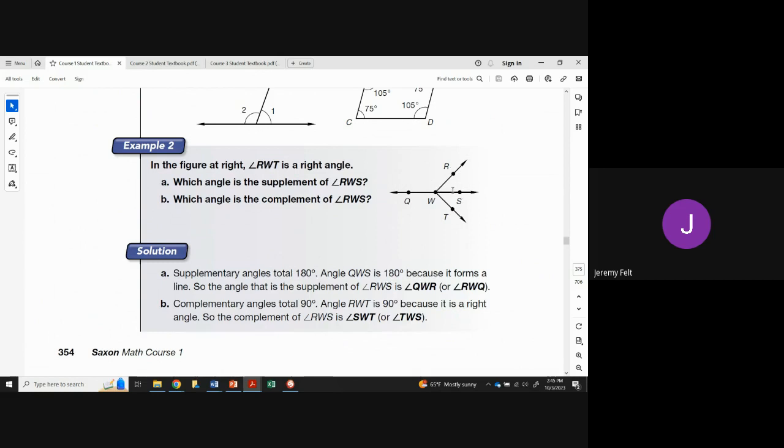So RWS right here, okay, again, we have to name our three letters so we know where the vertex is. So RWS, okay, well, SWT would add up to be 90 degrees. So that would be B, the complement of the angle. But then the supplement would be RWQ or QWR, because that's the one that forms the straight line from here to here. And again, a straight line adds up to 180 degrees.